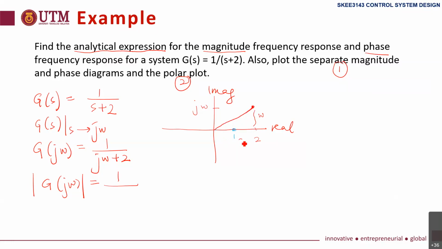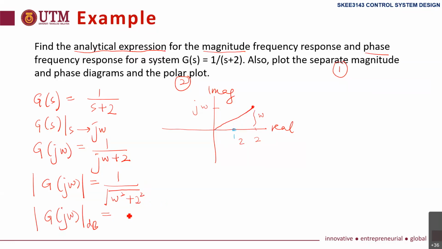So the magnitude is the square root of omega squared plus 2 squared, that is omega squared plus 4. That is the magnitude frequency response of the system. And again, as I mentioned just now, we normally want the magnitude in decibel.